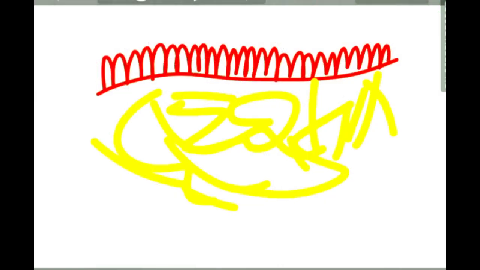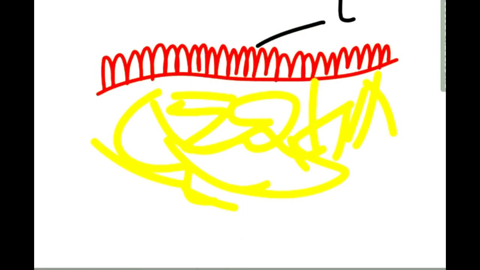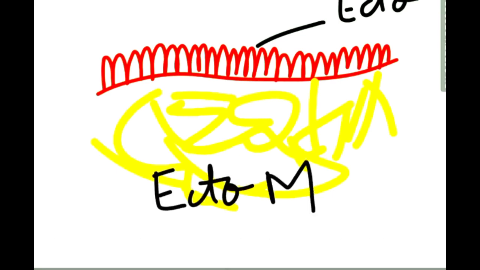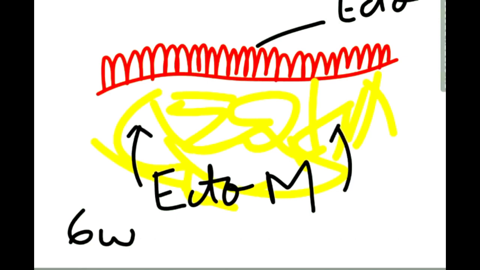Suppose this is the oral ectoderm, and beneath this oral ectoderm there is a connective tissue which is called the ectomesenchyme. When the embryo is 6 weeks old, this ectomesenchyme sends some signal to the ectoderm.